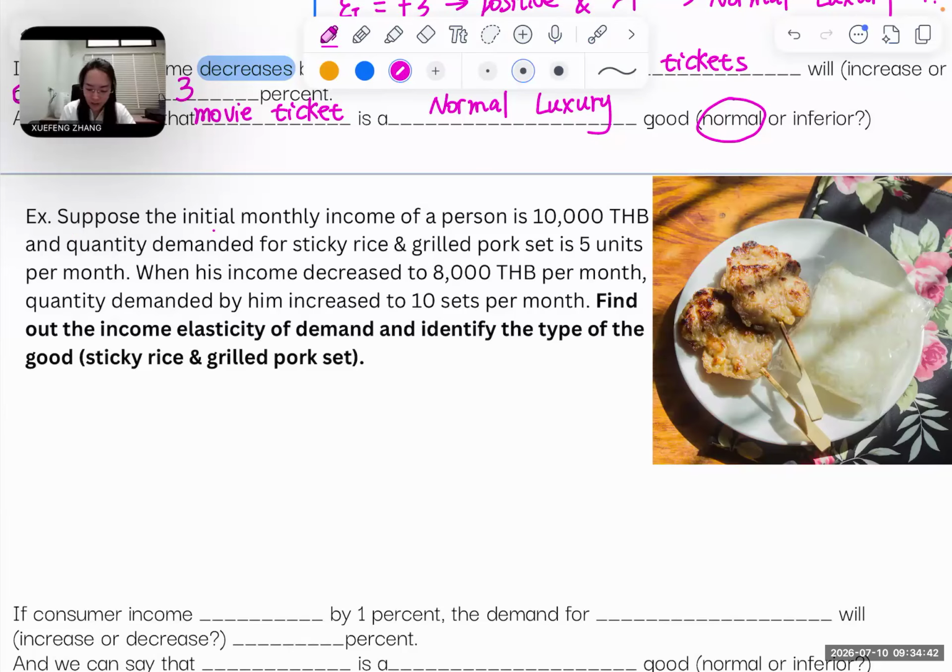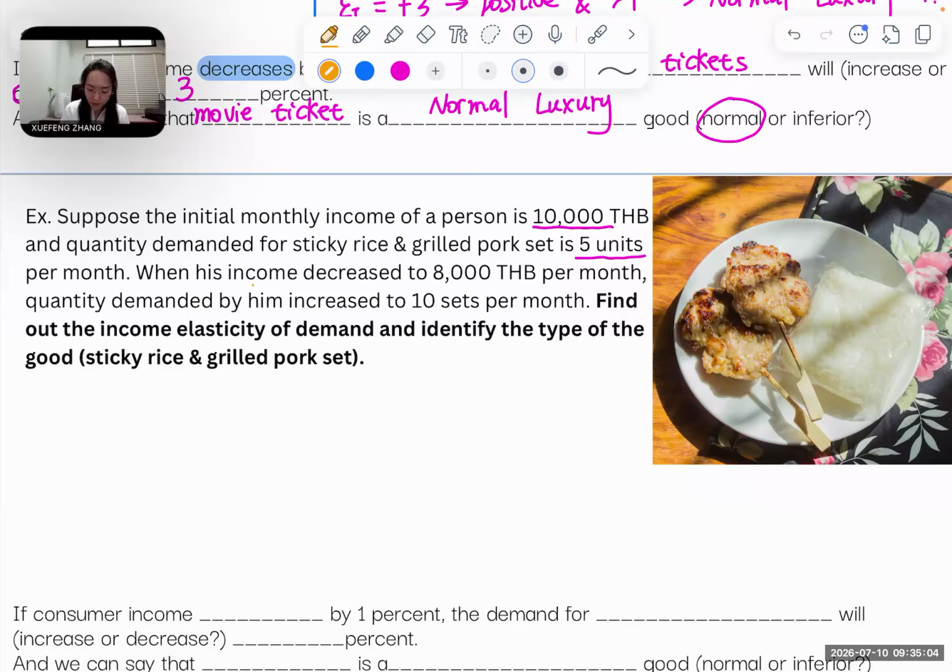Suppose the initial monthly income of a person is 10,000 baht, and quantity demanded for the sticky rice and grilled pork set is 5 units. So before it's 10,000 baht and 5 units.